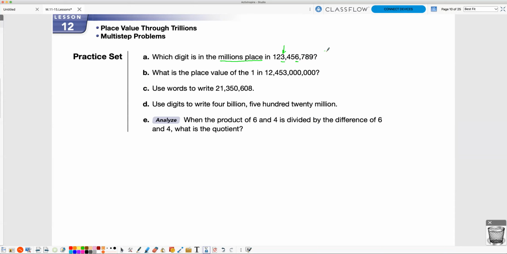So that 3 would be in the millions place. Letter B, what is the place value of the 1 in this number? So I'm going to look at this. This is the thousands, millions, billions. So now I know what that one is. If this is 1 billion, I know that that is the 10 billions place. 10 billions.